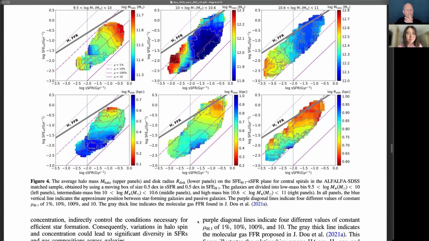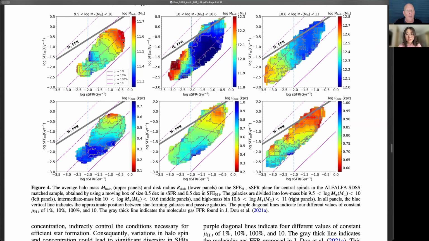In each panel, we show the H1-based star formation efficiency versus the specific star formation rate. In the upper panels, the color coding is the dark matter halo mass. Let's first look at the lowest stellar mass galaxies, shown in the upper left panel.